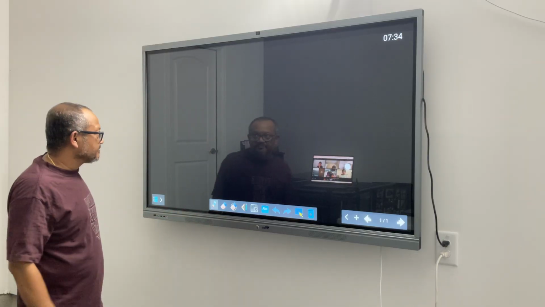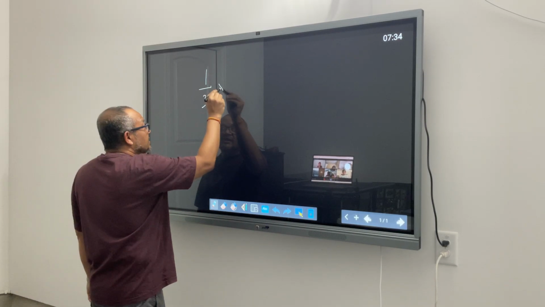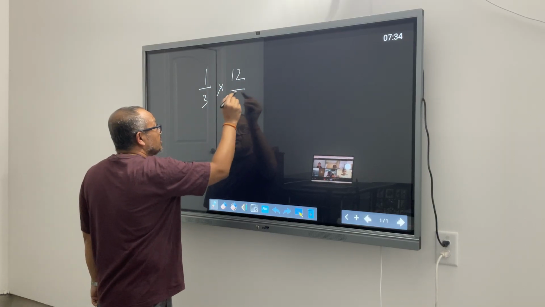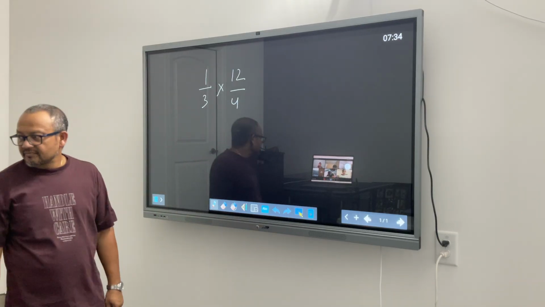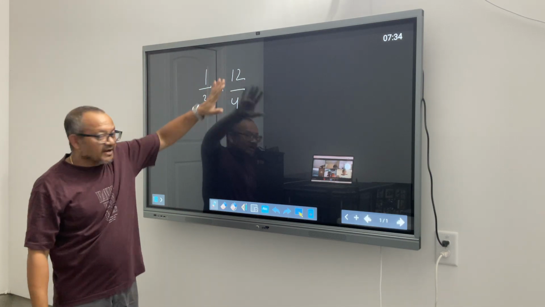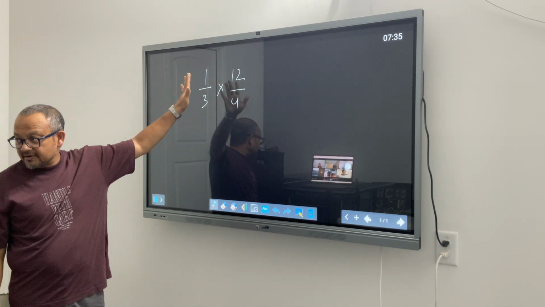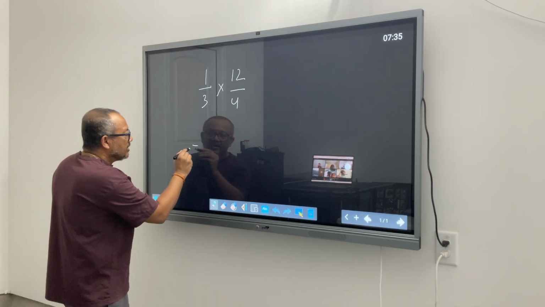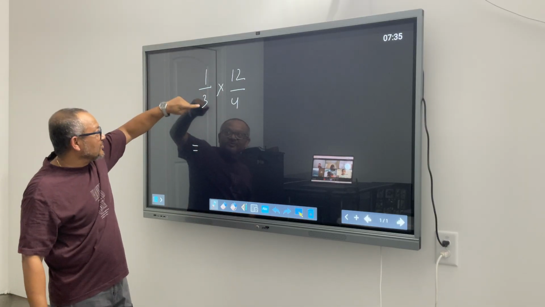Now let's see this. If I say 1 by 3 into 12 by 4, I am trying to multiply this fraction with this fraction. So, this is a two-story building, first floor, second floor.